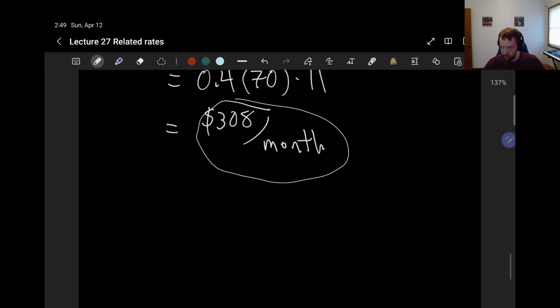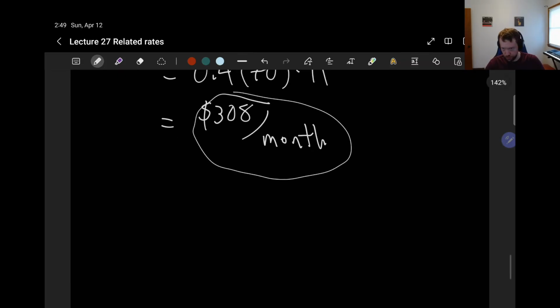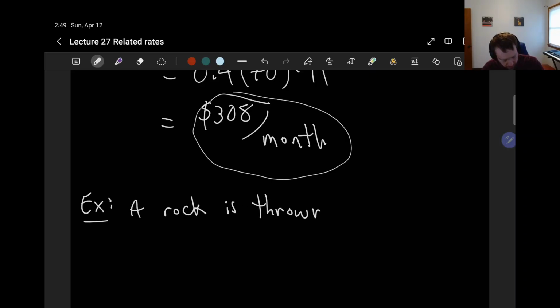So now a couple of physics-based problems, or geometry. It's really both. Well, let's say a rock is thrown into a pond, and this will create circular ripples outward.